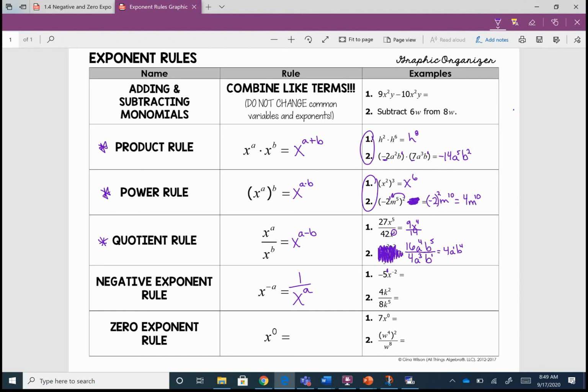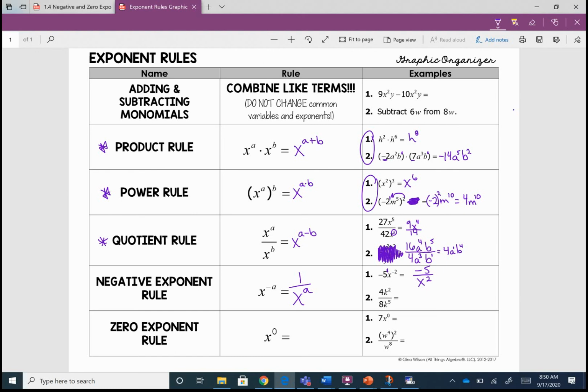No. But now x to the negative second, where does it need to go to become positive? Bottom. Positive exponents, they're happy where they are. They're already positive. They're in a great mood. They're going to stay. Negative exponents, they're not happy. So they move.